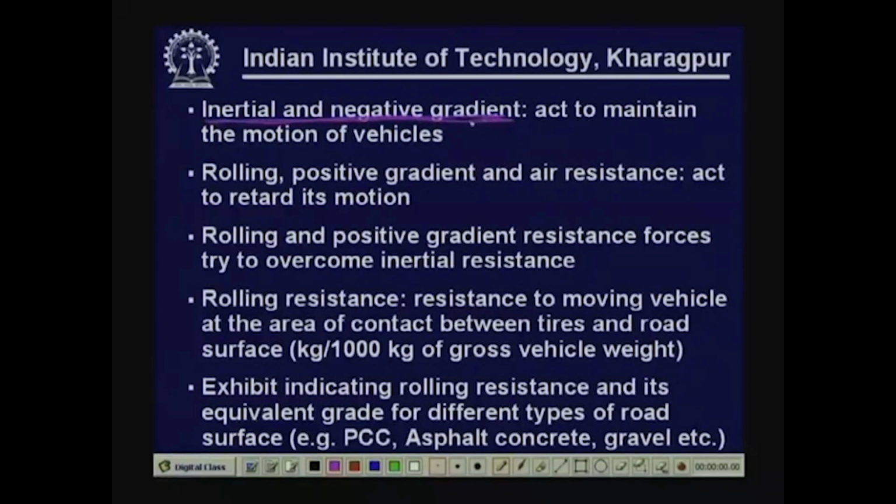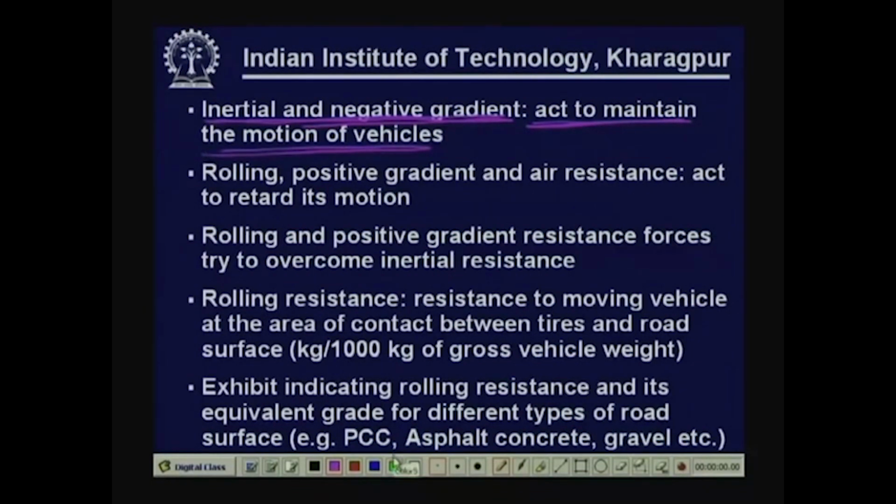Similarly, if there is a negative gradient, negative slope, that will also help the vehicle to keep the movement. So, we can say that inertial and negative gradient basically act to maintain the motion of the vehicle. They help the vehicle to maintain the motion.